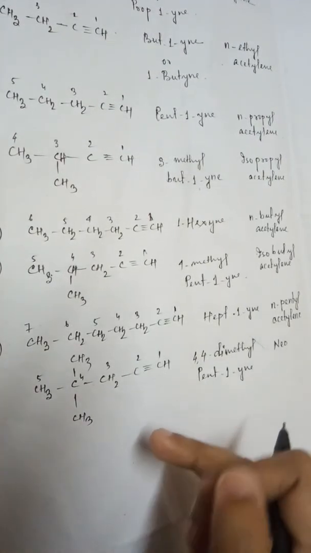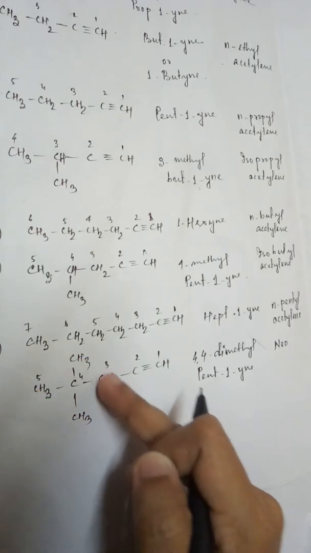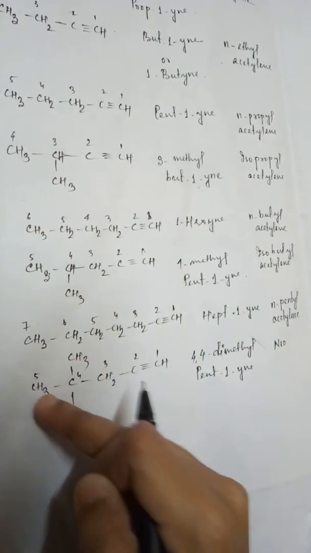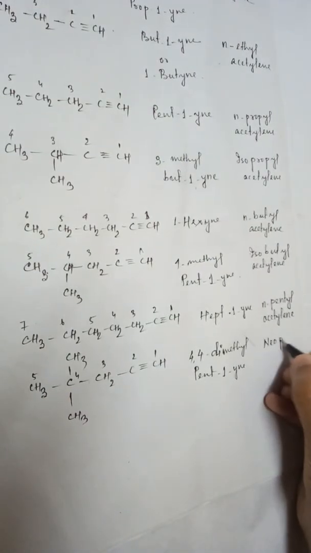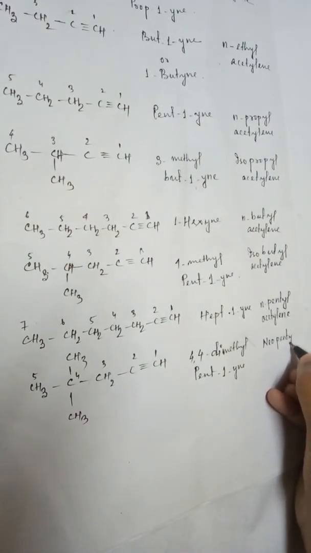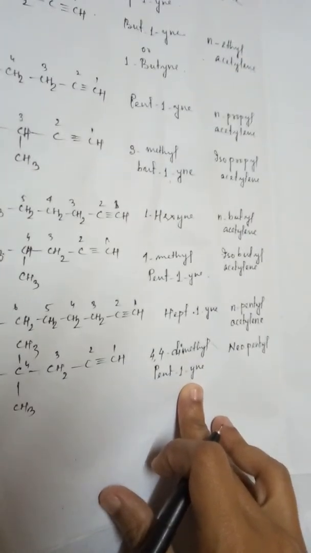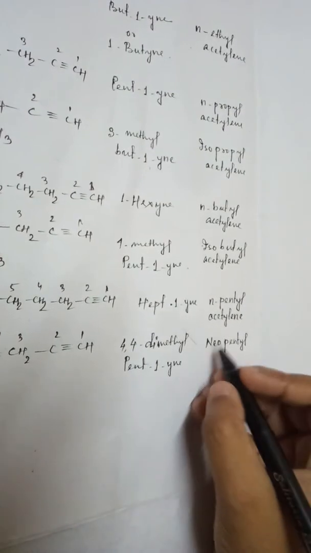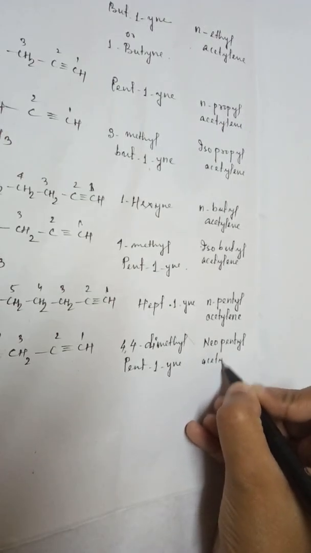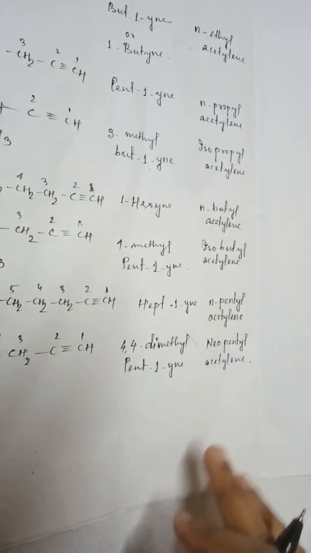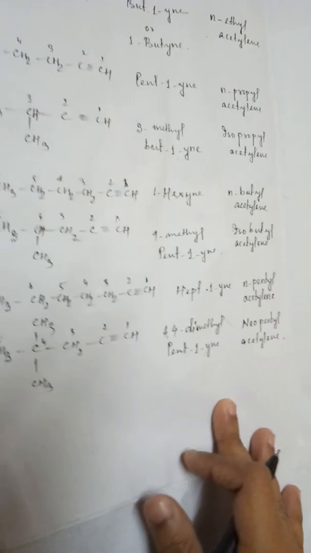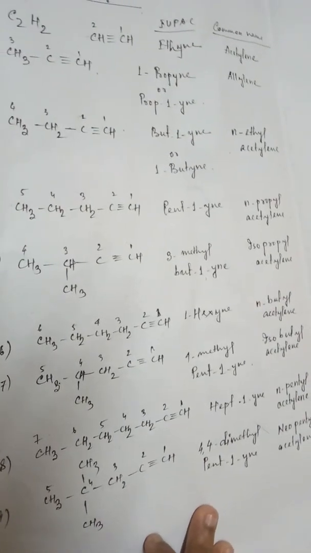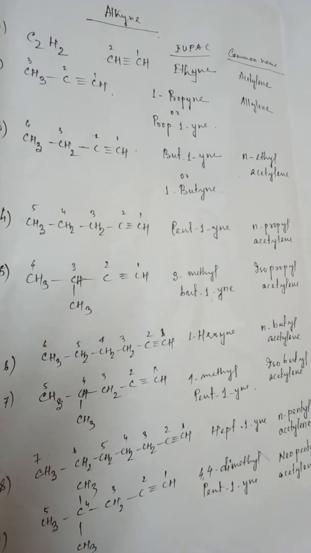In the neo structure, how many carbon atoms are present? 1, 2, 3, 4, 5. So neopentyl. And this is the acetylene part, so neopentyl acetylene. Okay, so this is the way to find out the IUPAC name as well as the common name of alkyne compounds. Thank you.